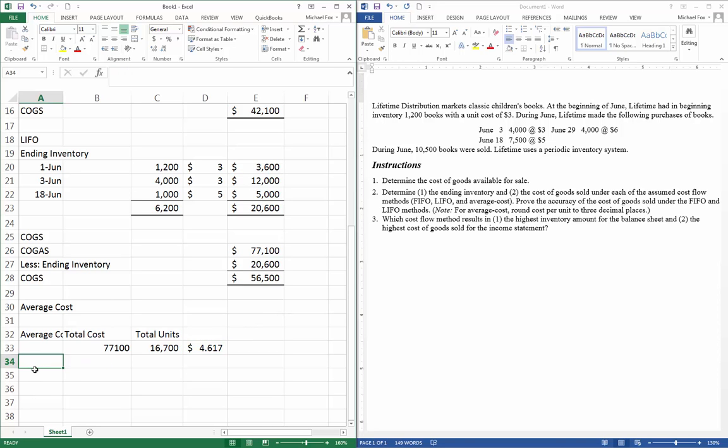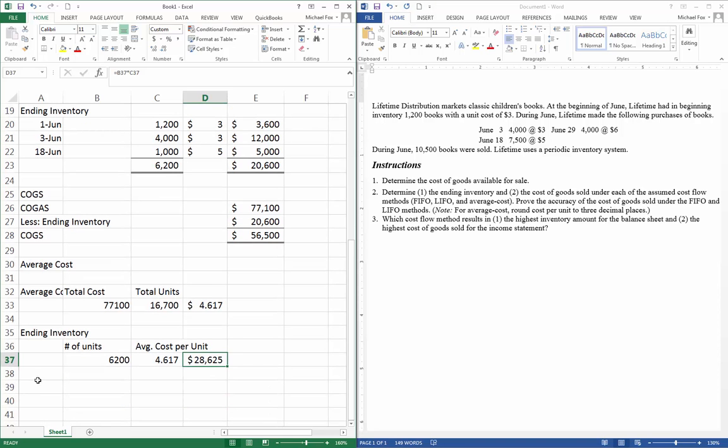Now, to find our ending inventory, we just take the number of units in ending inventory multiplied by the average cost per unit, or the number of units, remember, is 6,200 in ending inventory times the average cost of 4.617. It'll give us 28,625 rounded to the dollar.